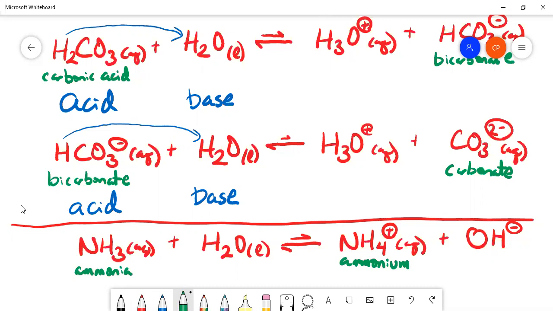Well, who's donating a hydrogen ion now? Water. Water's taking an extra hydrogen and kicking the hydrogen over to ammonia.